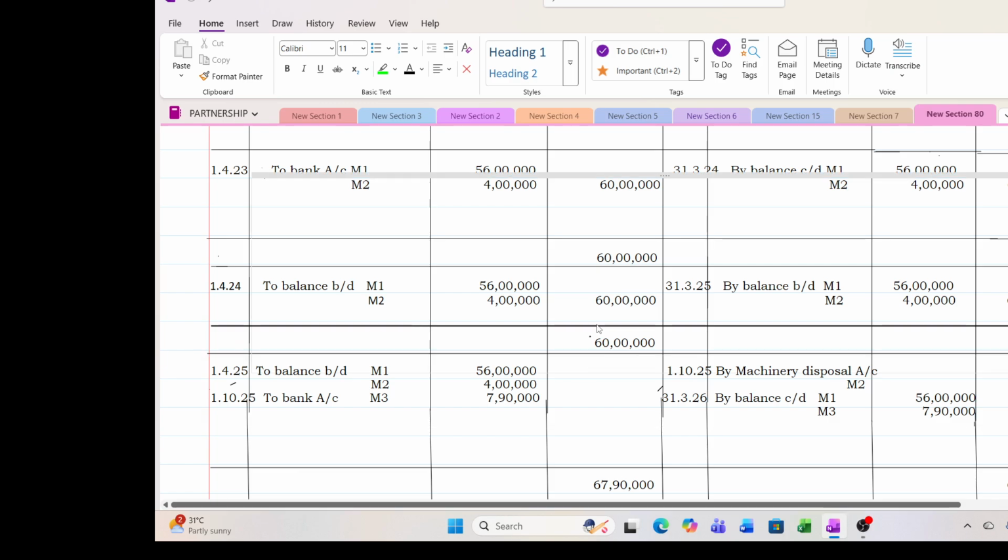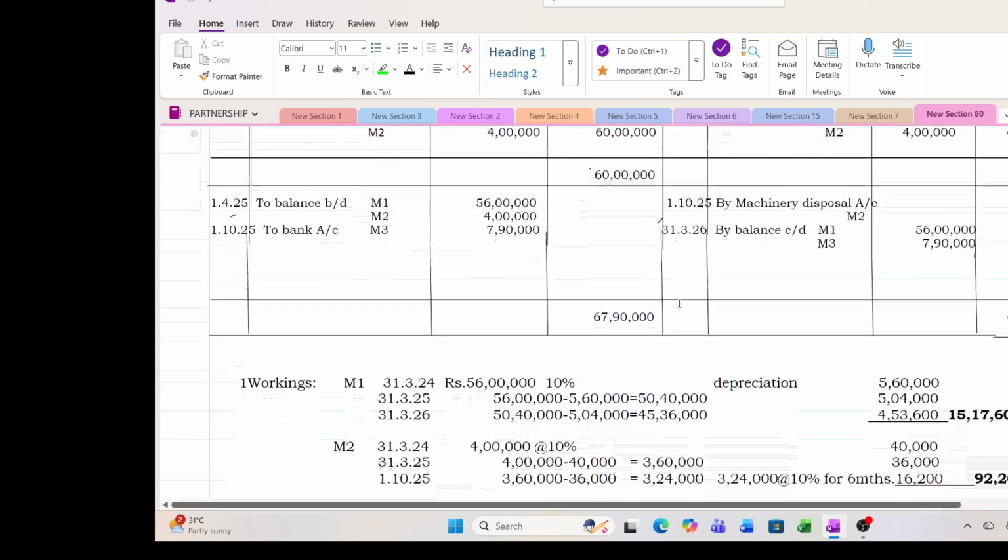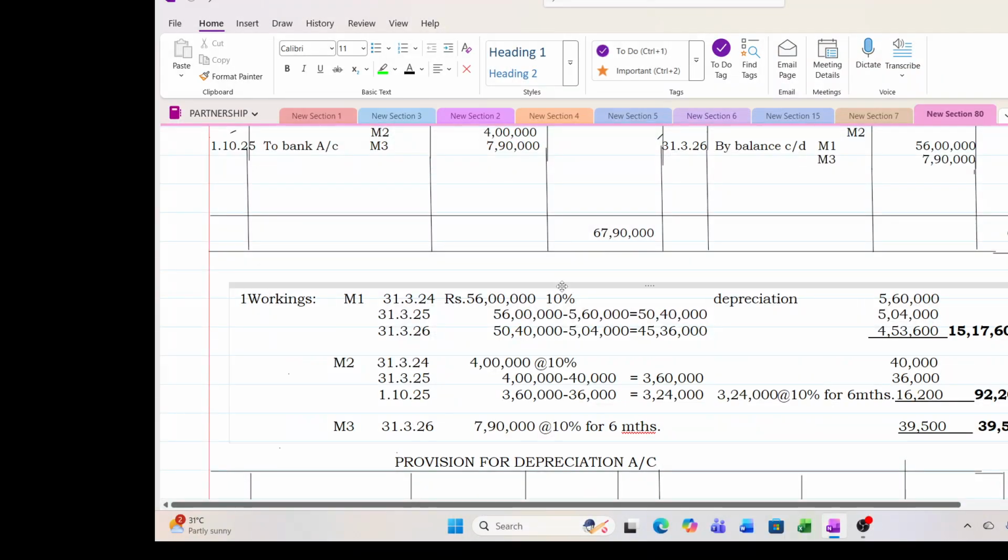But on 31/3/25, we are supposed to make the provision for depreciation. As it is the written down value method, as on 31/3/25, we have to reduce the earlier depreciation to bring out the book value. This is 50 lakh 40,000, 10% is 5 lakh 4,000, and for the 4 lakh machine, the book value was 3 lakh 60,000, and 10% comes to 36,000.